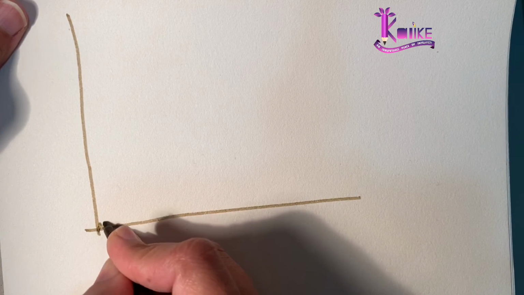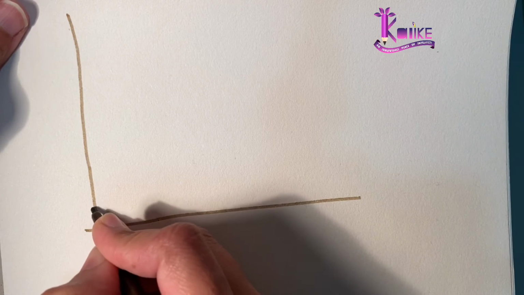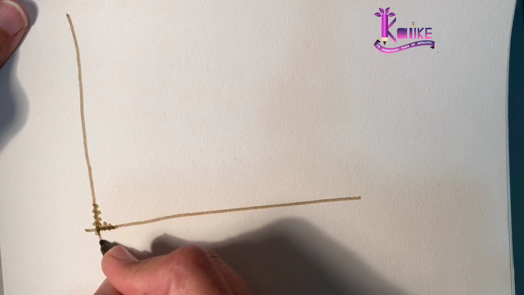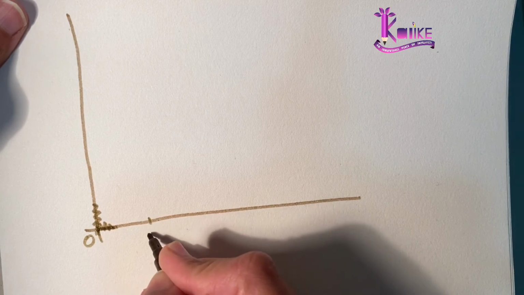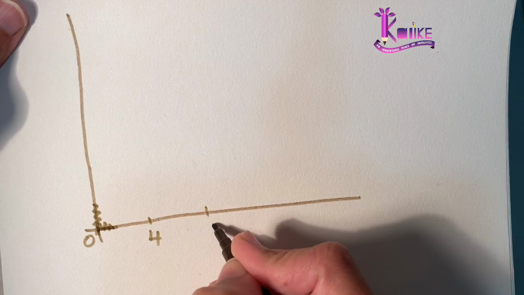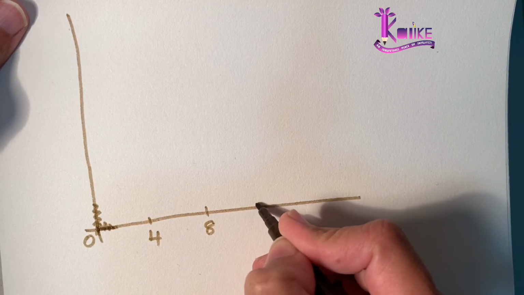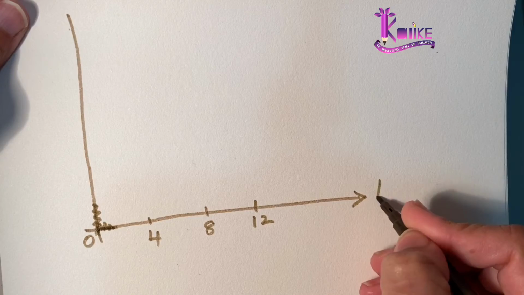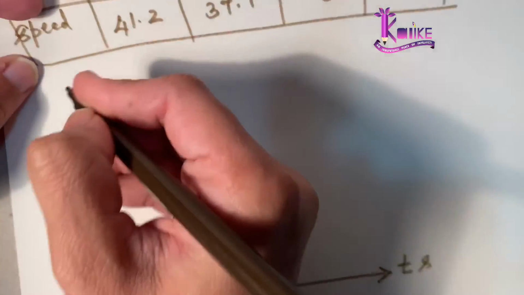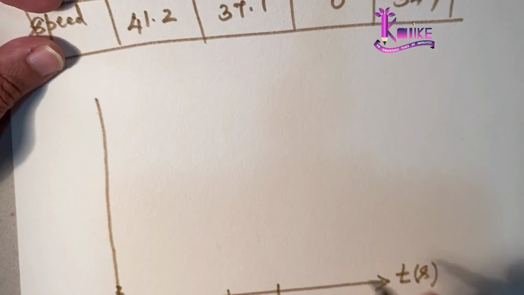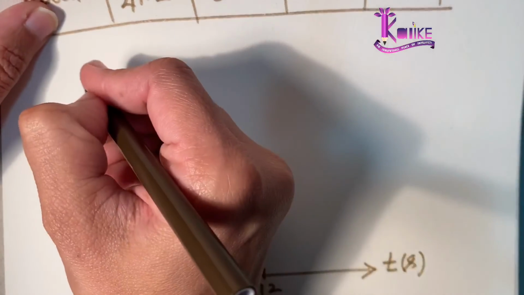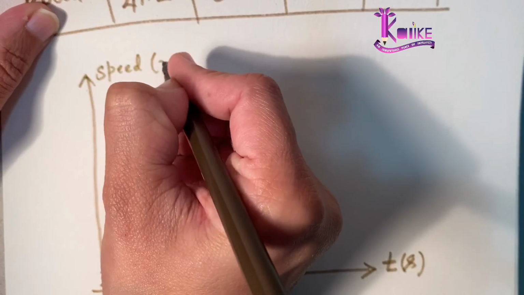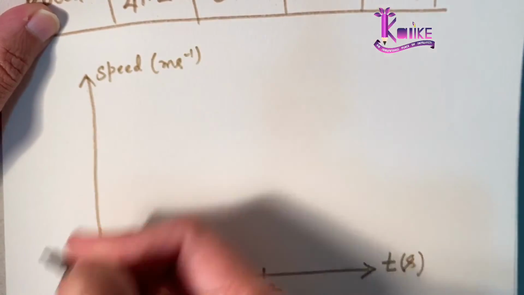Or even here you can just skip, here you need not show. Let us say 0, and this is 4, this is 8, and I'm skipping, 12. So this is your time axis, which is in seconds. This is the speed, which is in meter per second.